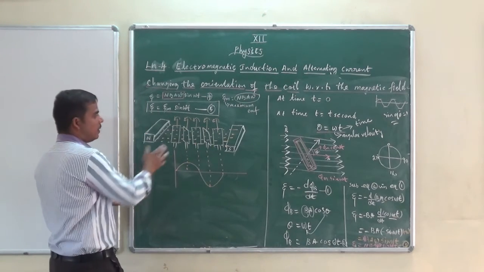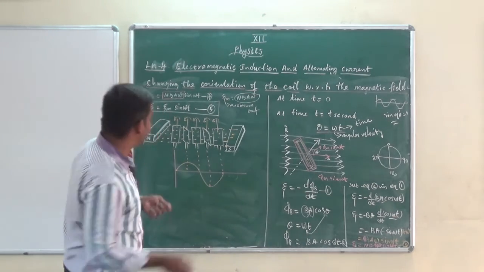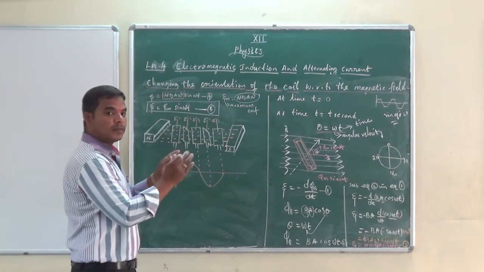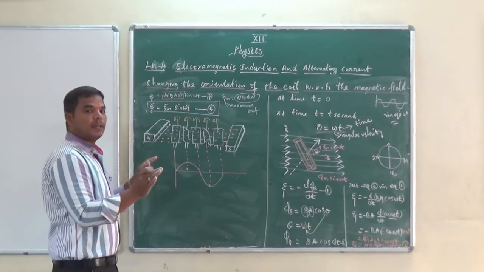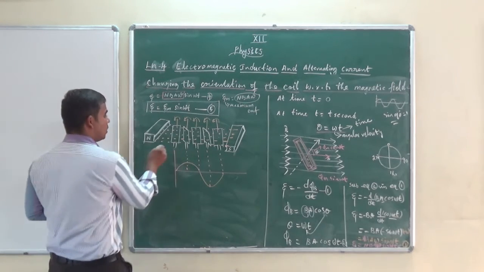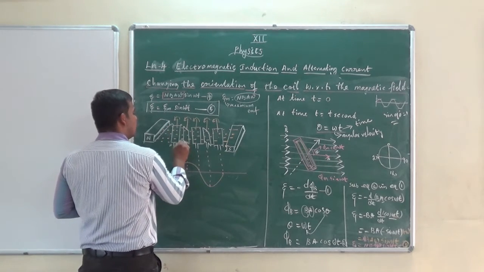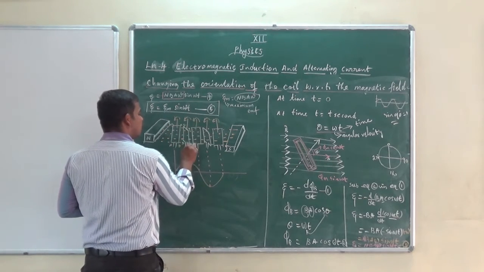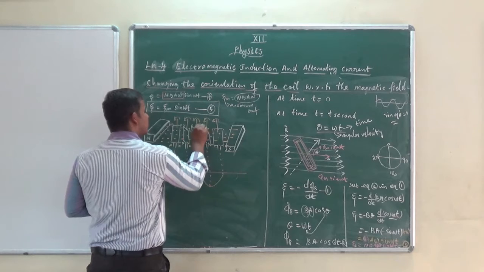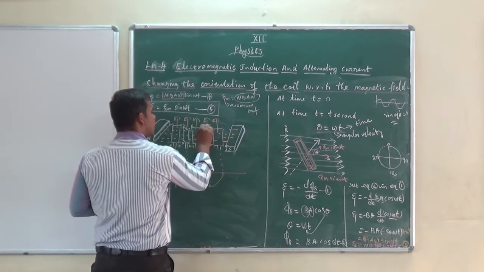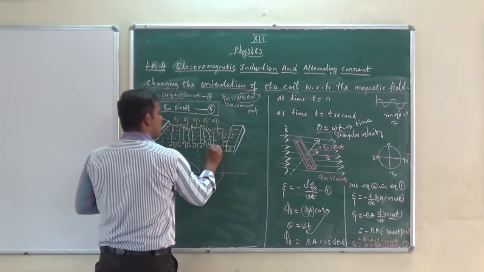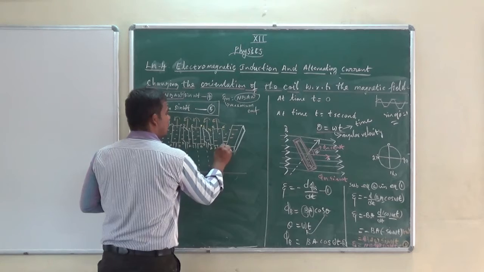The diagram may vary in size, but actually the area of the coil and the magnetic field are constant. The coil is labeled A, B, C, D.